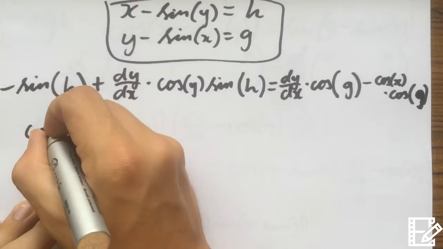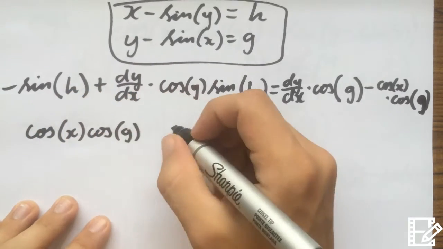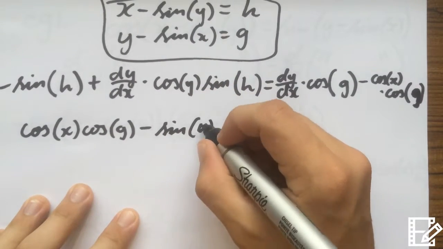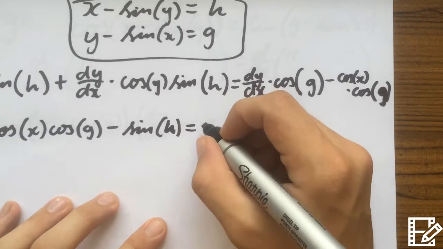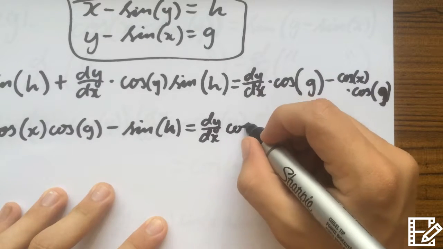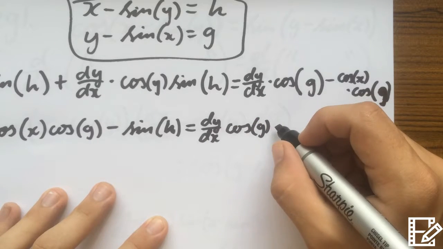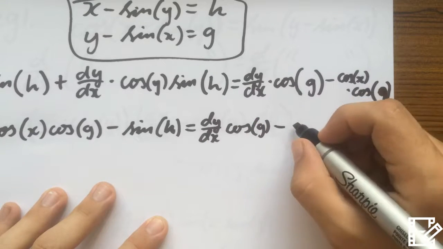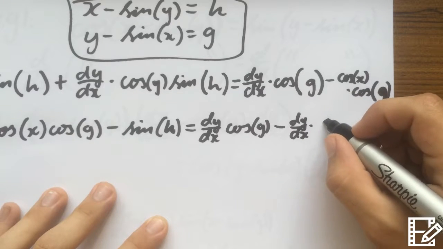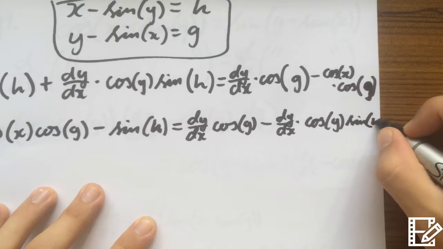So it's going to look like cos x multiplied by cos g minus sine h equals the derivative multiplied by cos g, minus the derivative multiplied by cos y sine h.